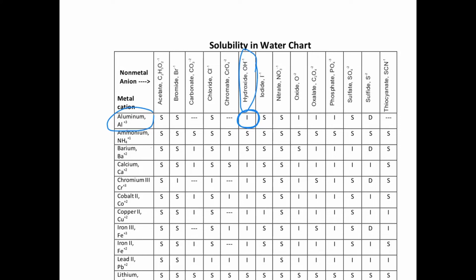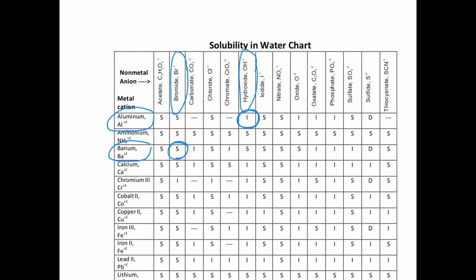Now, on the other hand, if I had the compound barium bromide, here's barium and here's bromide, where they intersect, you see the letter S. That means barium bromide is soluble. It dissolves in water. That could not possibly be your precipitate. So in summary, the letter I, insoluble, tells you that that compound does not dissolve in water. That's the precipitate. And if you find S, it will dissolve in water.